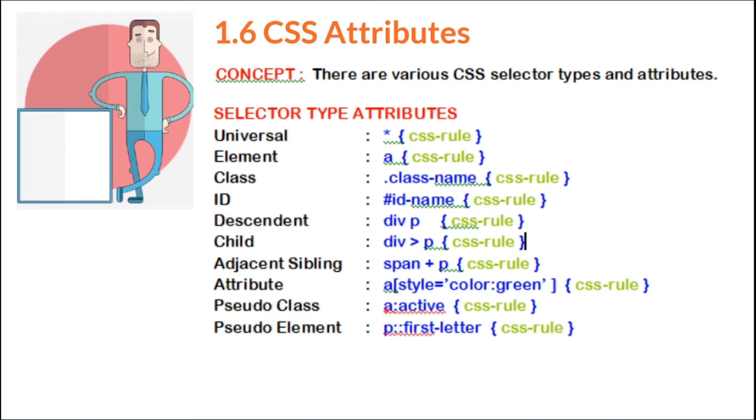So we can have all anchor links that are in the active condition state. And pseudo element is where we can, for example, in the paragraph, select the first letter of the paragraph, and then we can apply color or formatting to it as required.